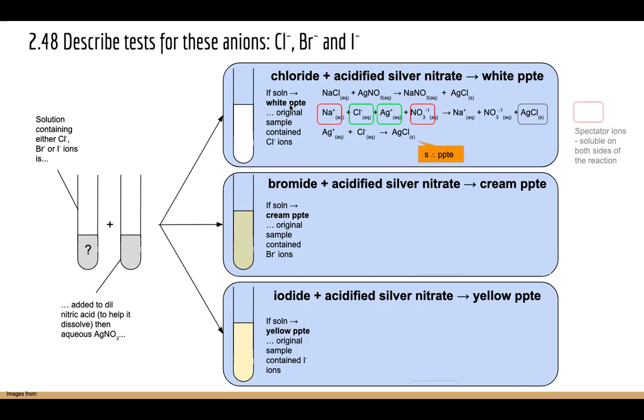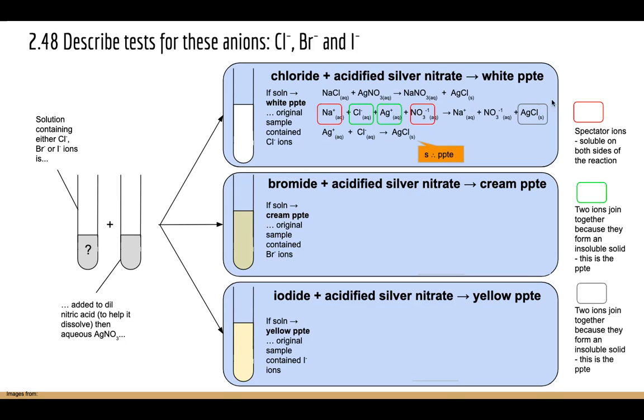So the sodium and the nitrate ions are our spectator ions. They're just watching. They're not involved in any reaction. The green boxes show the ions which join together to make the solid, our silver chloride. Everything else is aqueous.